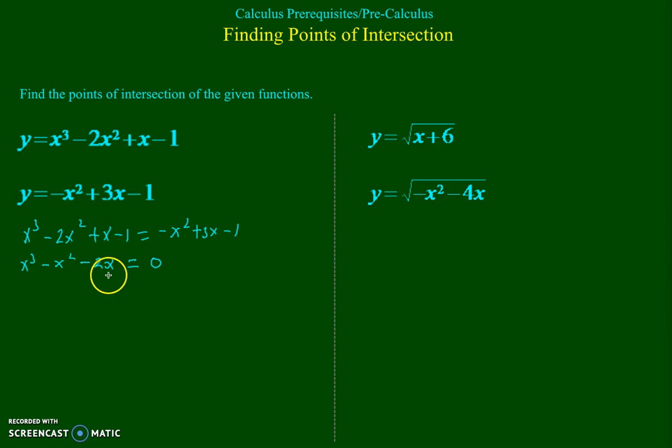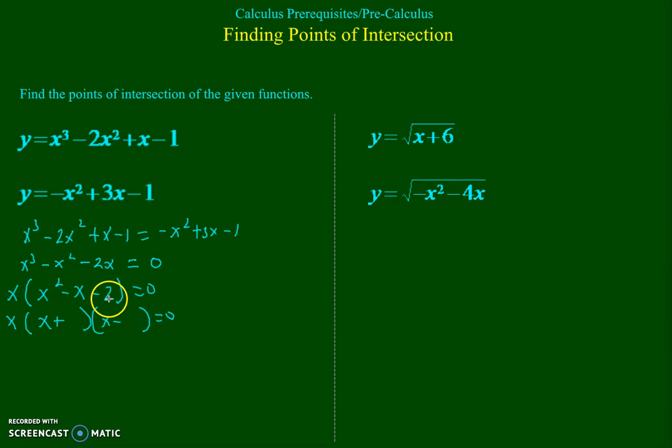Now we have this cubic function, and this came out nice and even because we have a common x here. So we factor out that x, and we have x squared minus x minus 2 equals 0. Now we simply factor this quadratic. We have x and x. We have a minus sign, so this is plus and minus.